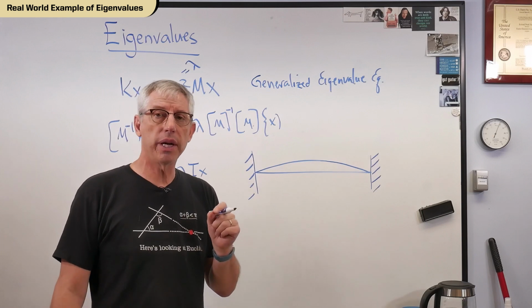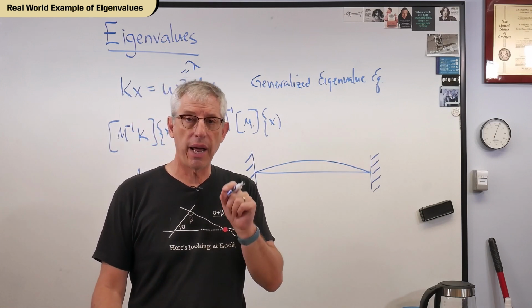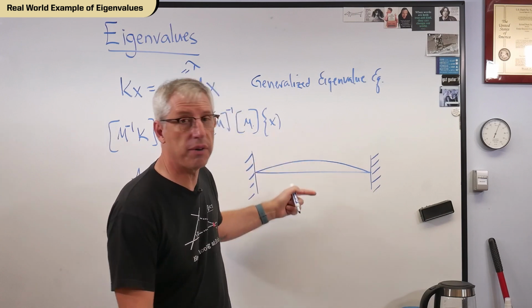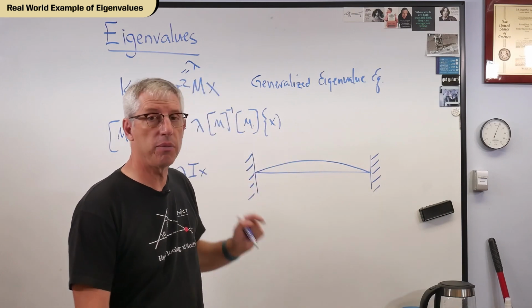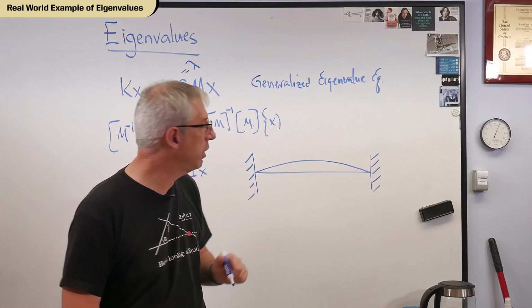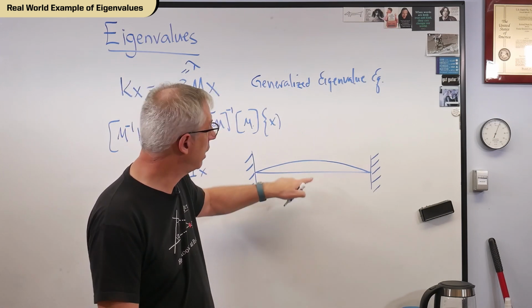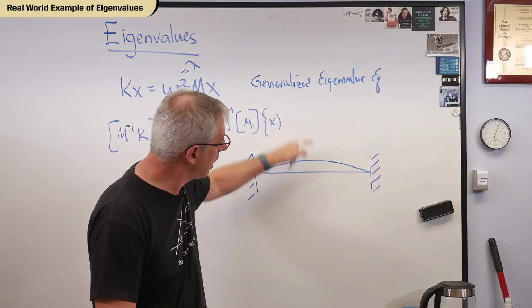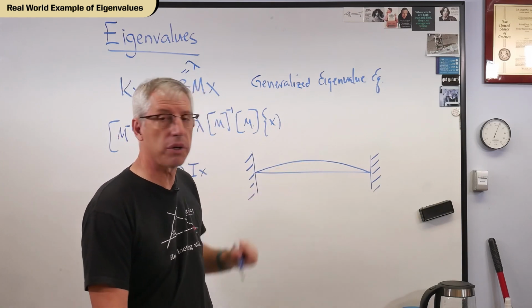Well, if I were to place a strobe light in front of the guitar and have it flash at 82.4 hertz to freeze the vibration, and it was only vibrating in that mode, I somehow managed to pluck it exactly right so there was only one frequency present, the strobe light would show it doing that. It would freeze the motion. So it's actually vibrating like this, but if you could freeze it, it would look like that.